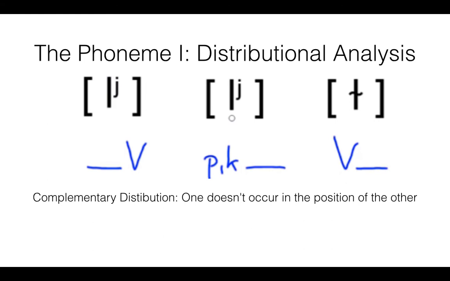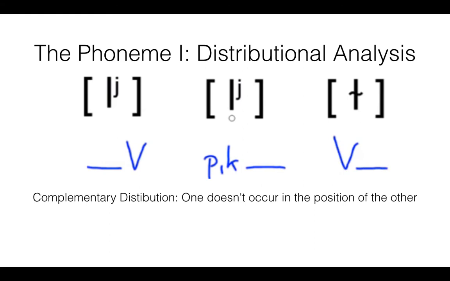And in this context, when I'm doing this distributional analysis, another criterion that I have to take into account is what we call complementary distribution. What do we mean by complementary distribution? It means that one sound doesn't occur in the position of the other.